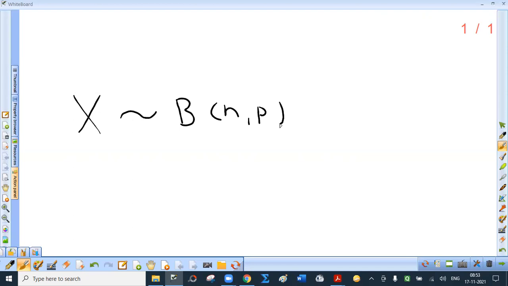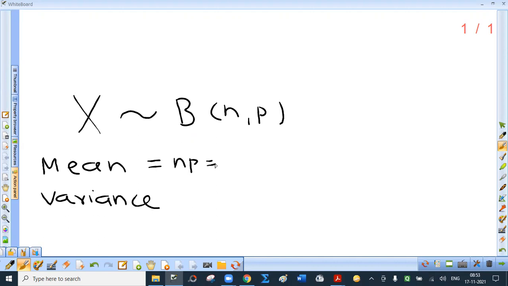Is that clear? The last part: in this case also, two terms are defined, the mean and variance of this binomial distribution. The mean of the binomial distribution is defined to be np. We know that mean is denoted by mu.